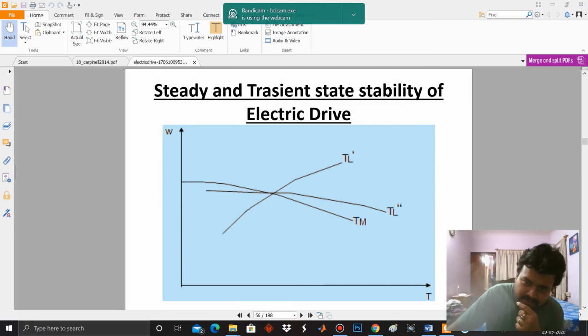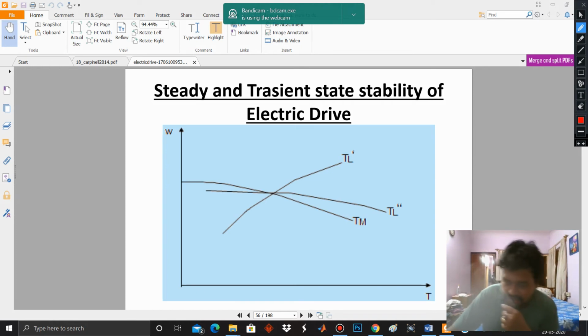So now let us assume the graph tau L double dash. Again, let us say the operating point is here, and this point is nothing but omega. Now we will be focusing on this graph and this graph.